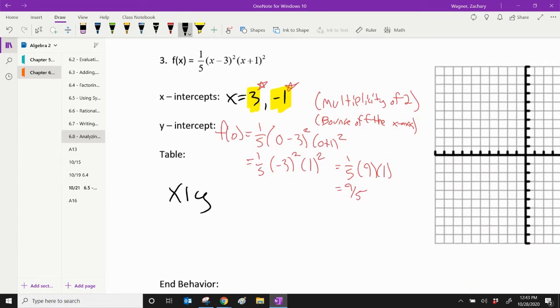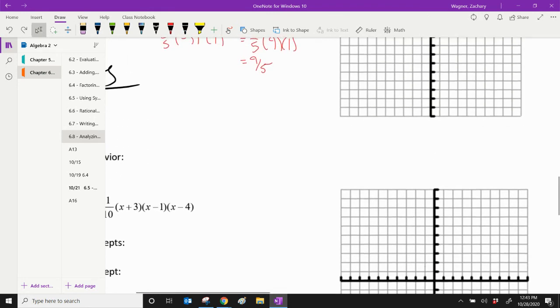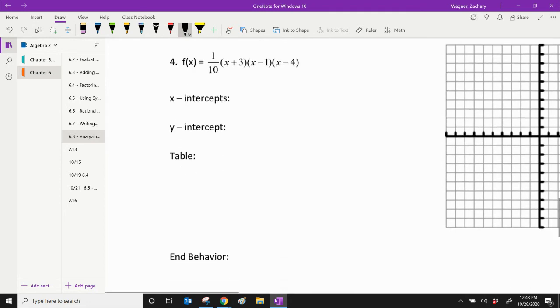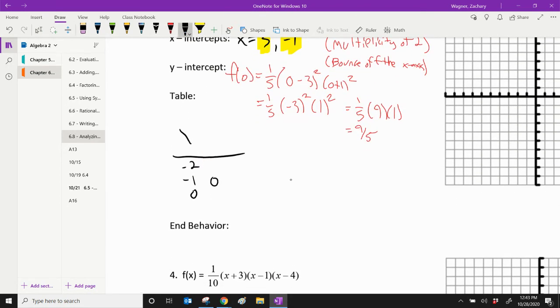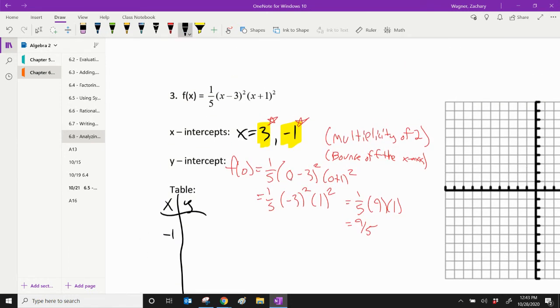Note, start at your very leftmost 0, which is negative 1. Go 1 left of it. Right, negative 1 is my leftmost 0. I'm going to go to negative 2 and count my ways over. Recreate this table. Negative 1 is my farthest 0.